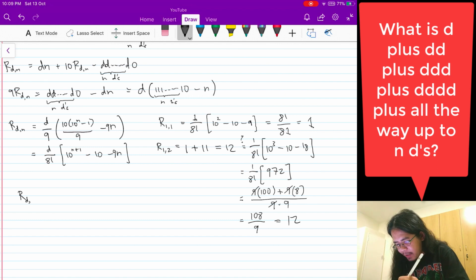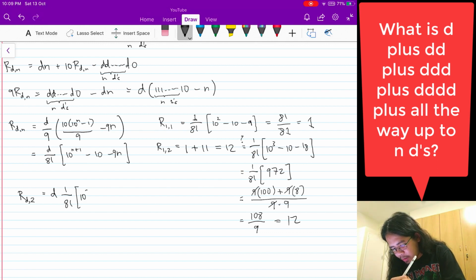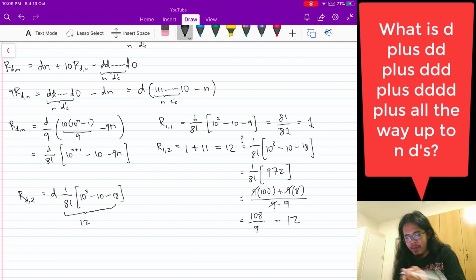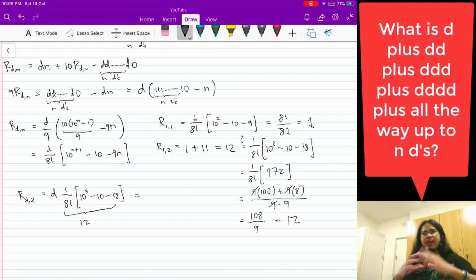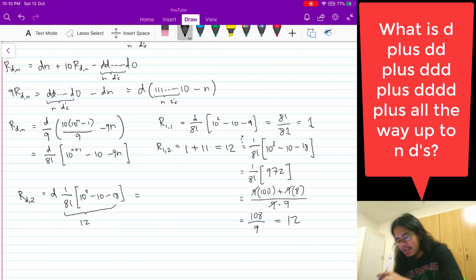Let's make it some arbitrary D, but let's pick n equals 2 still. I'm doing that because D is independent of the number that we've already solved here. Sorry, that should be 81. 1 over 81, 10 to the 3 minus 10 minus 18. We've established that this whole thing right here is 12, right? So in other words, R D 2, you pick any digit and repeat it, that sum should be equal to 12 times D.